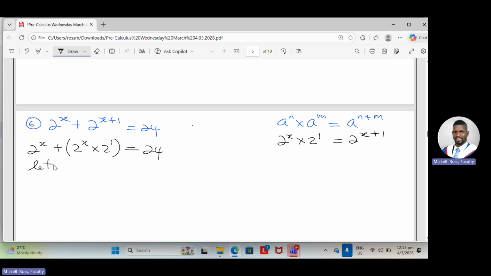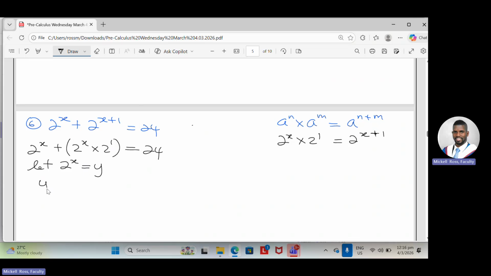We're going to say let 2 to the x be equal to y. We're going to use a different variable to represent it because we're solving, and there are ways that we can rearrange the question to help us to solve it.